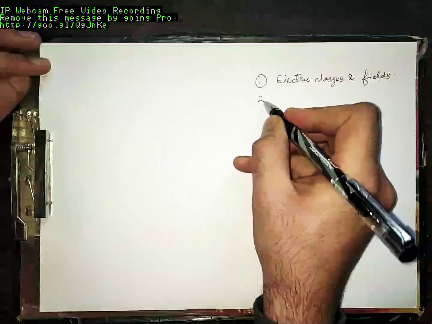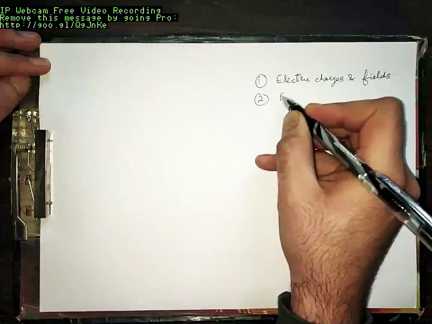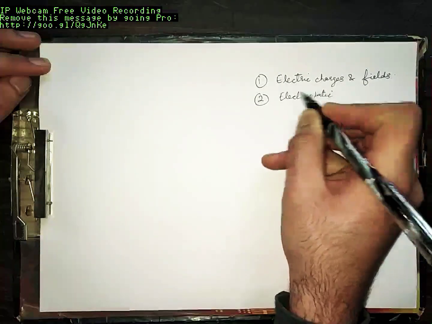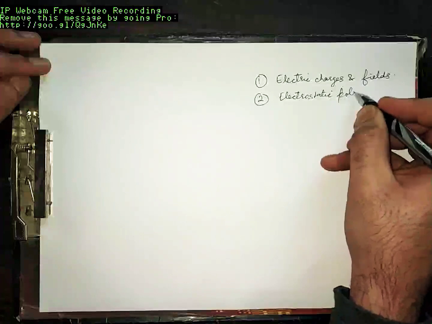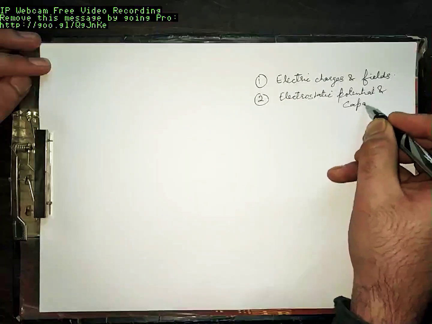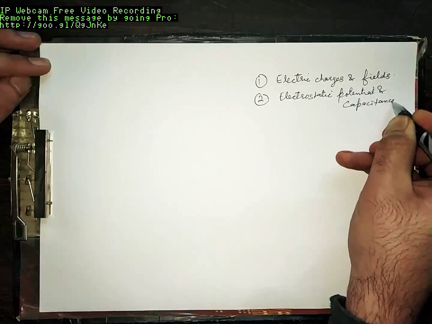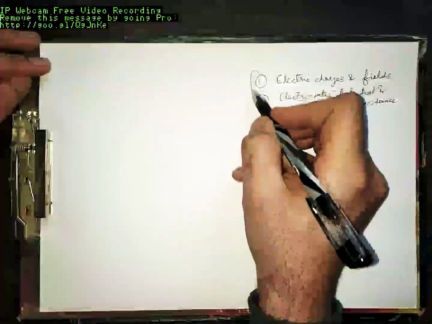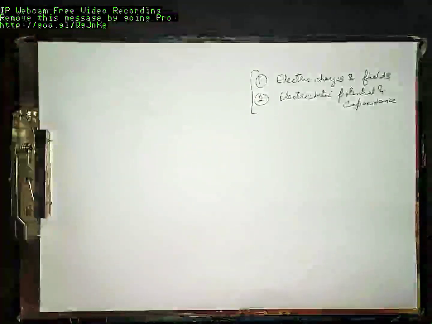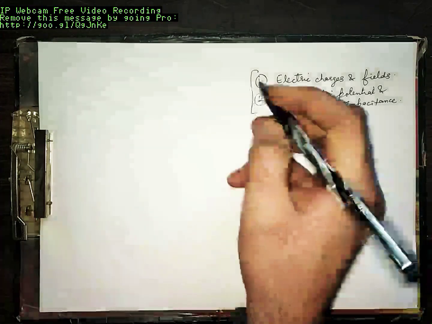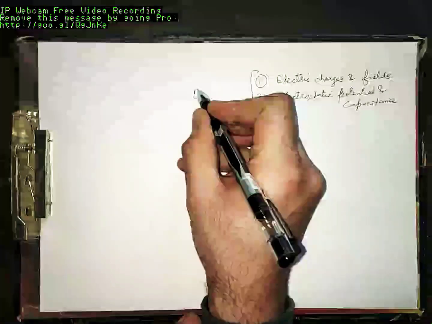After that, we moved on to electrostatic potential and capacitance. These two chapters, electric charges and fields and electrostatic potential and capacitance, comprise a single unit called electrostatics.